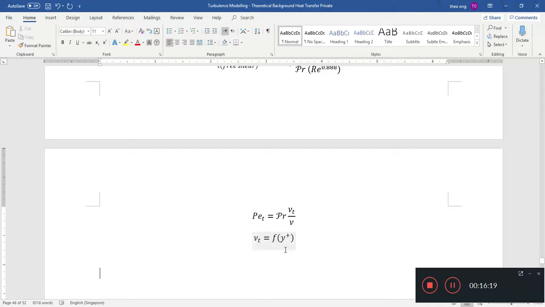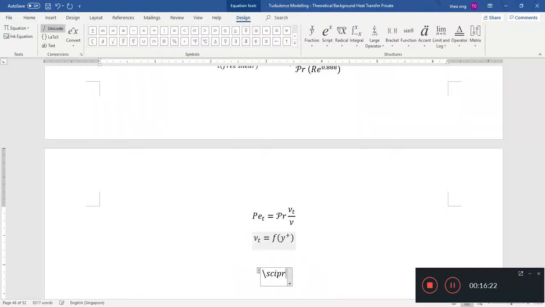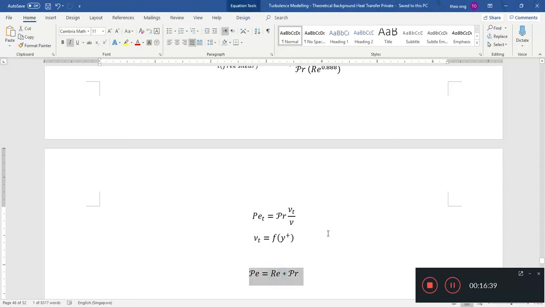So anyway, just for reference, your normal Peclet number is equal to the Reynolds number times the Prandtl number. So this is just what your normal Peclet number is supposed to be.